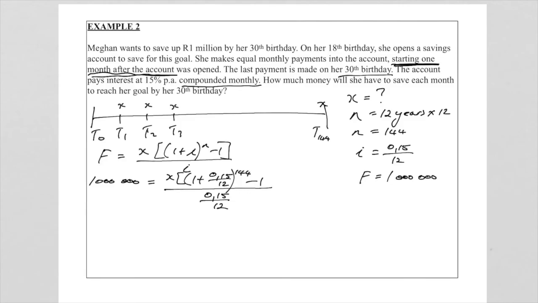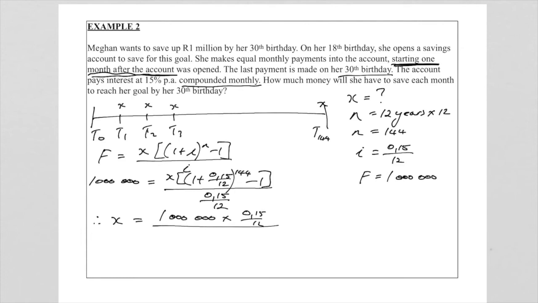Please be very careful with your calculations here. The best thing to do is to first manipulate this equation and to find X. So I will multiply both sides with this fraction, and I'm going to divide with this whole big bracket, and that will leave us with X. So I hope you will agree that X is equal to the 1 million times by 0.15 over 12.